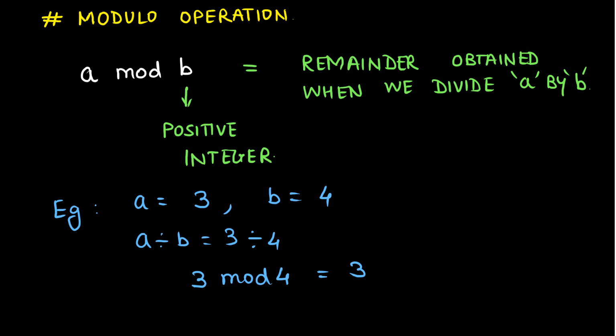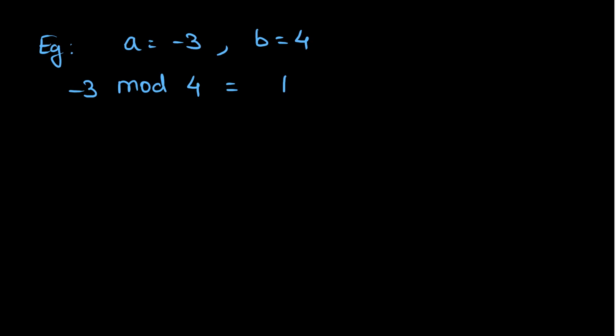Similarly, if we consider a as minus 3 and b as 4, and we try finding out the value of minus 3 mod 4, then in that case we are going to get the remainder as 1.